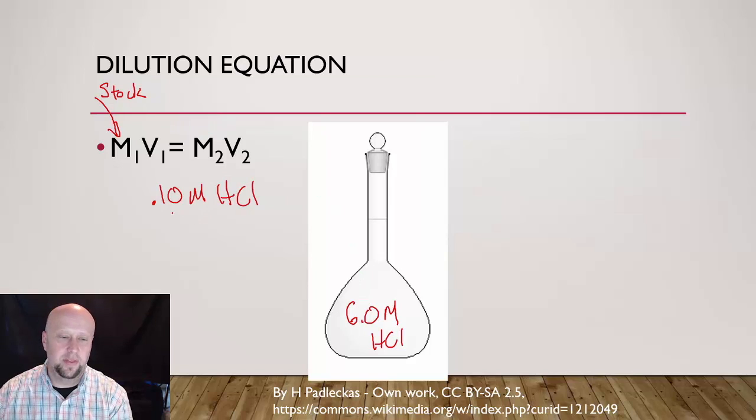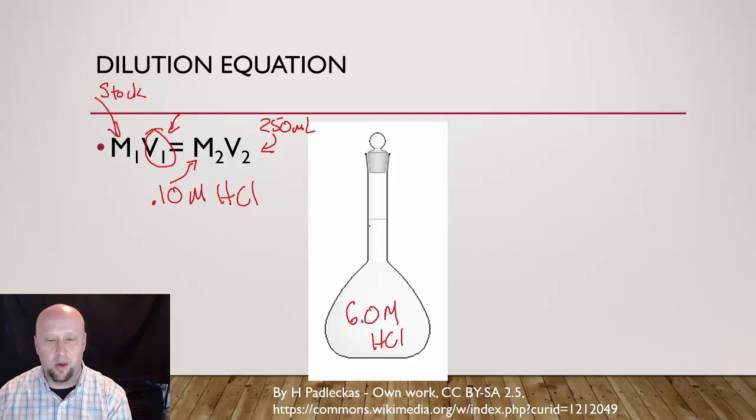Okay, and then in this case, in the problem that I'm sort of throwing out here, the molarity that I'm looking for would be M2. And then however much of it I wanted, let's say that I wanted 250 milliliters of it, that would be my second volume. And so then typically what I'm solving for is V1.